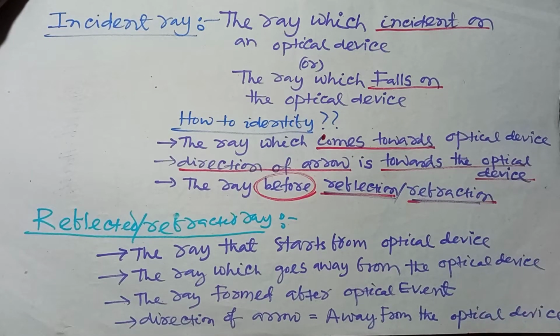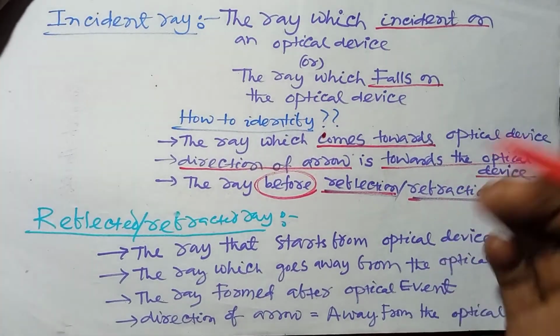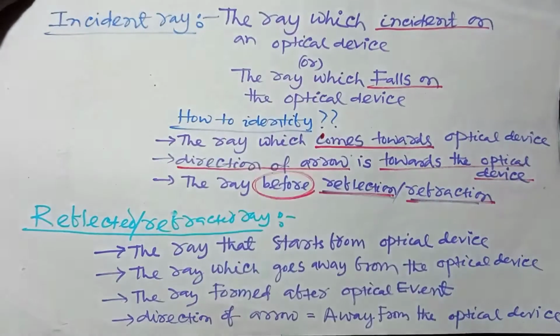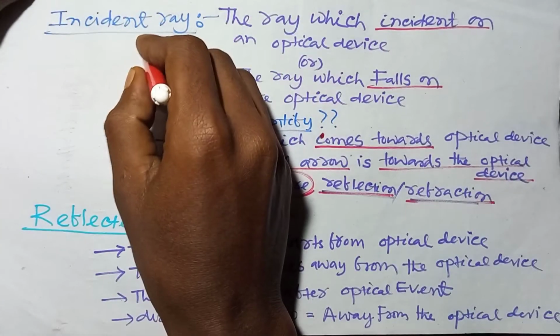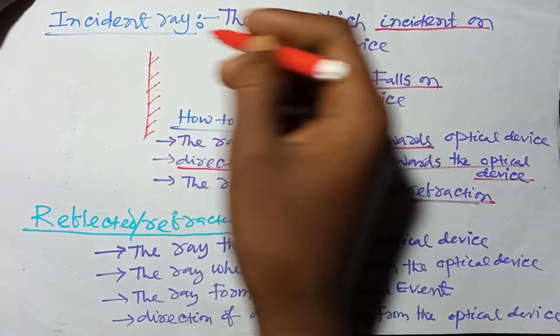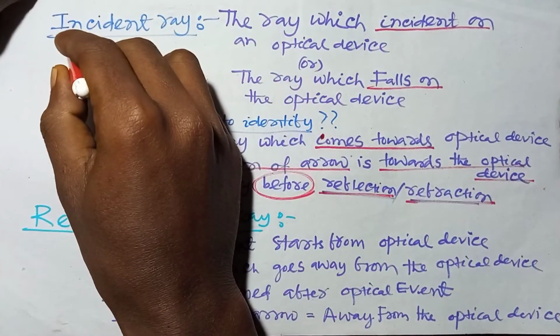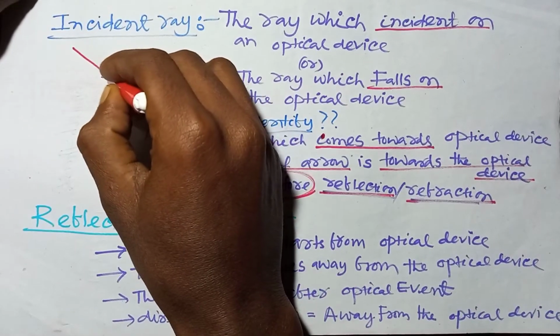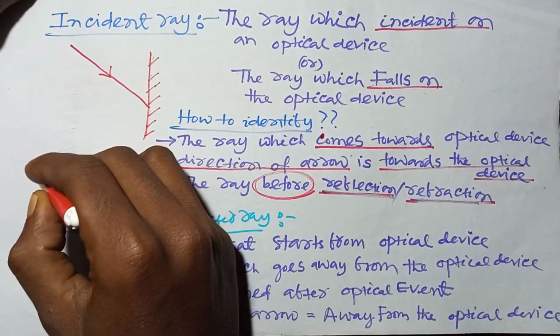Let's say I have a mirror, and a ray of light falls on the mirror like this and gets reflected like this.